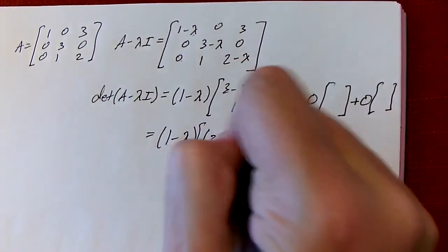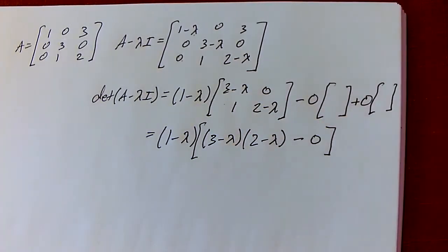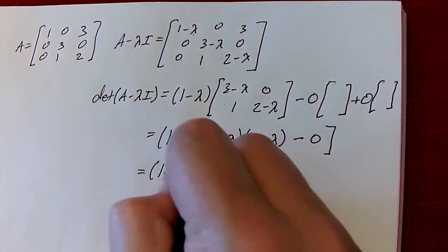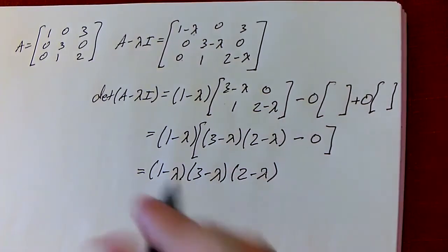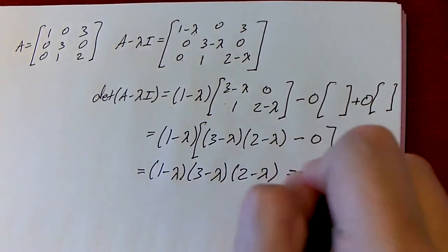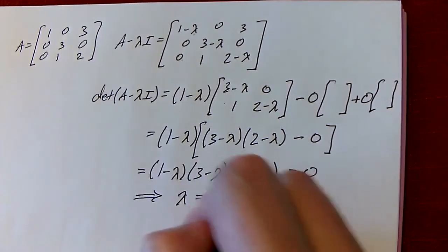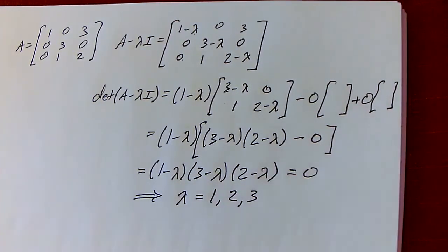It's going to be 3 minus lambda, 2 minus lambda, minus 0. So I have 1 minus lambda, 3 minus lambda, and 2 minus lambda. And again, we are setting this equal to 0 because it's a characteristic equation. So from there, I get that my eigenvalues are 1, 2, and 3.